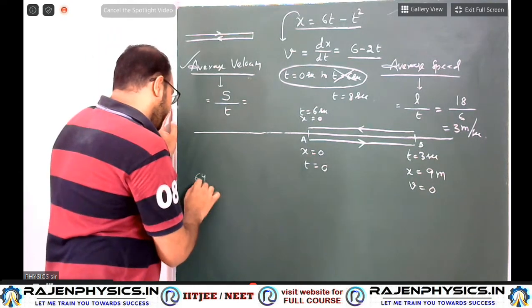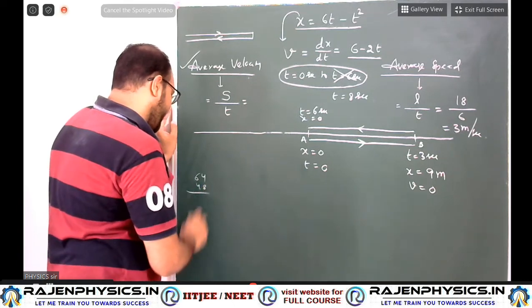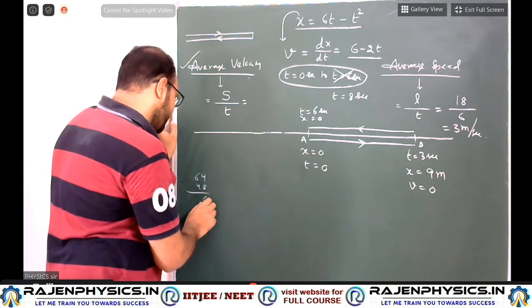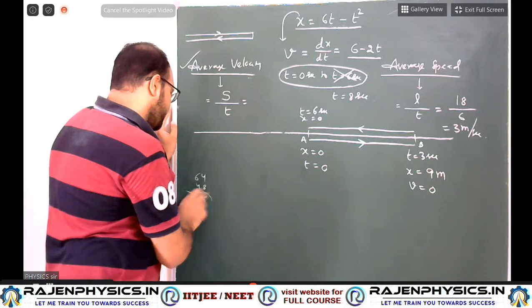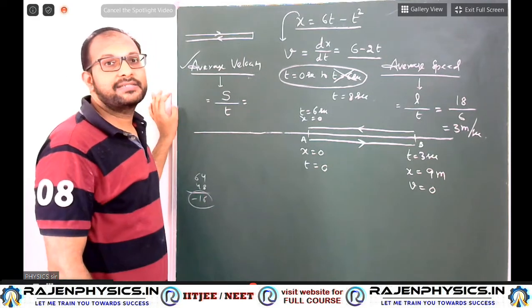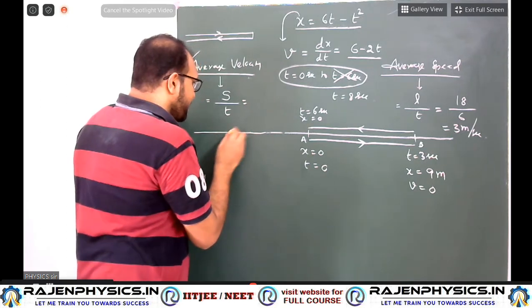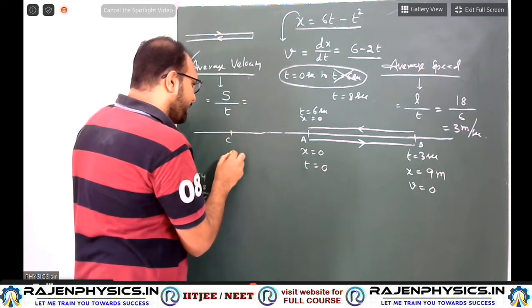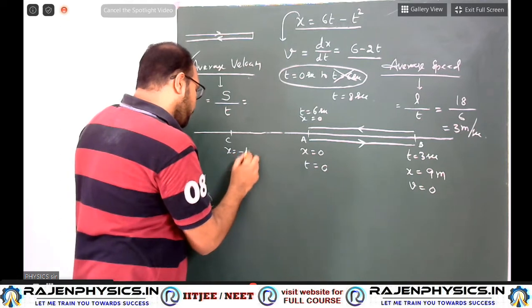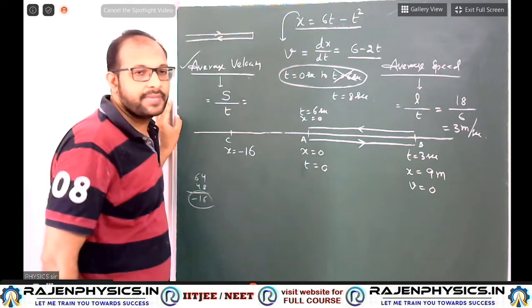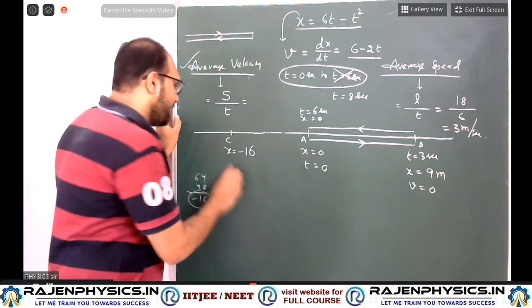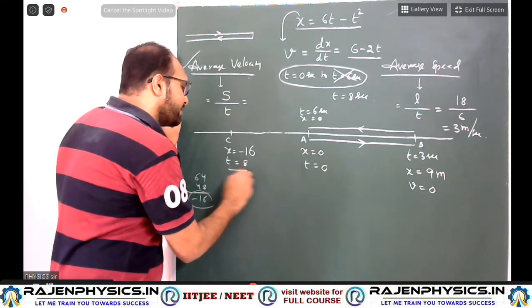So 64 minus 48 is 16. Students, minus 16. So that means on the left side, this is the point C, x equal to minus 16 after t equal to 8 seconds.